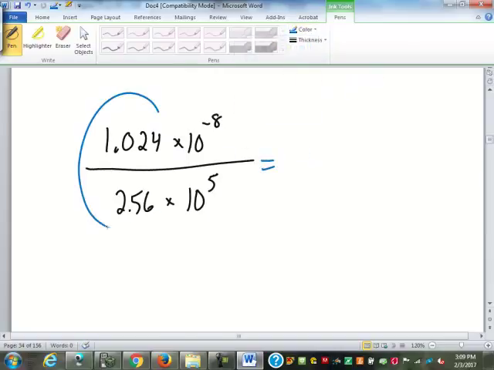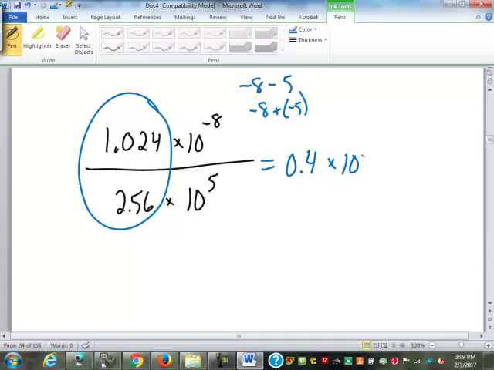We divide the counts. 1.024 divided by 2.56 is 0.4 times 10 to the, it's negative 8 minus 5, which is negative 8 plus a negative 5, negative 13. Good. Now, of course, we're not done there.